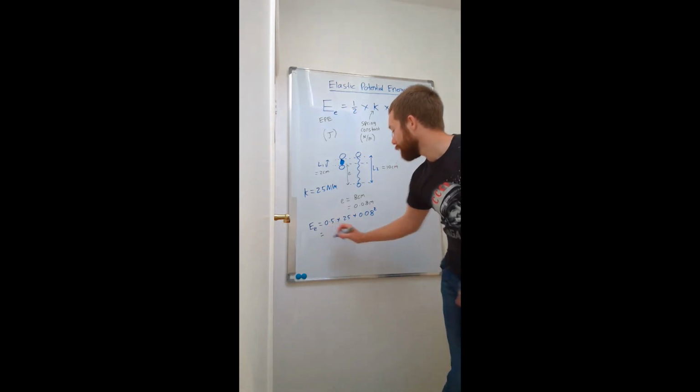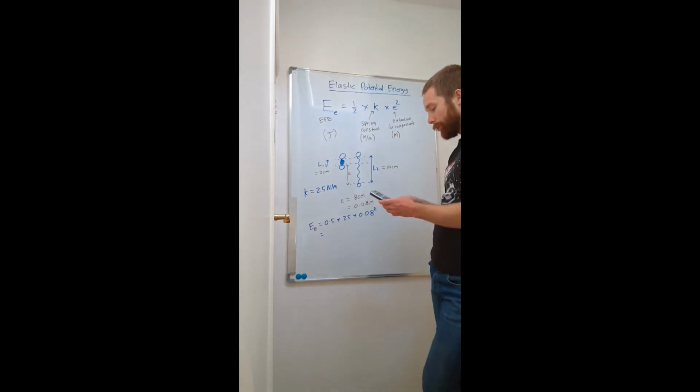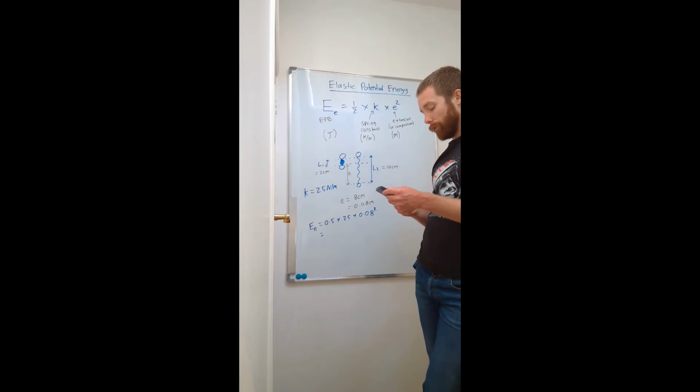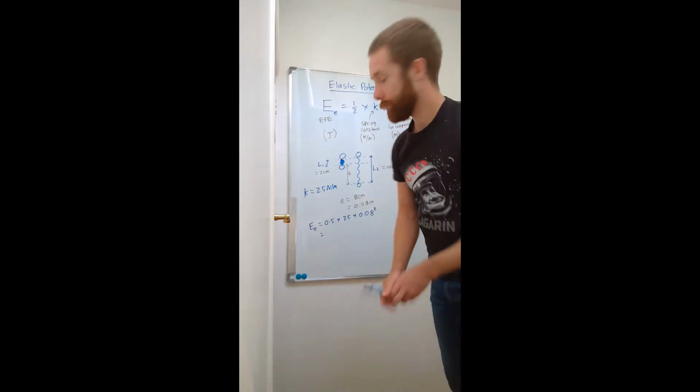Okay, we put this into our calculator. 0.5 times by 25 times by 0.08 squared. Loads of people forget the squared, loads of people forget the half. Don't be one of those people. And we get, oh, that's amazing, 0.08.